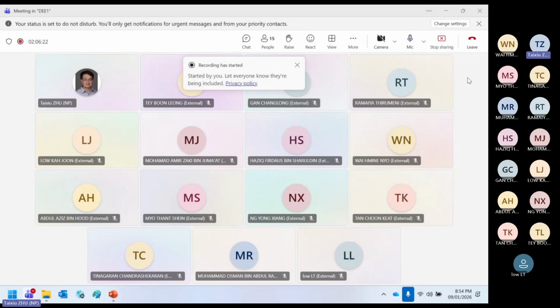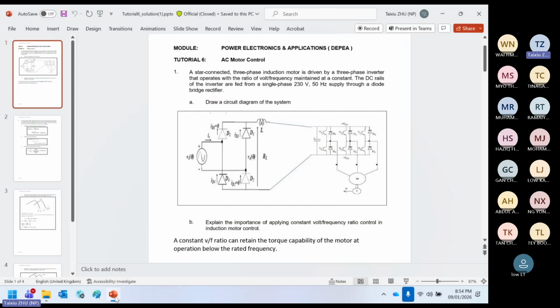Next time, next batch, I will test this in the classroom, because I feel Mr. Ng's setting is a little bit different. Never mind. Let me check.